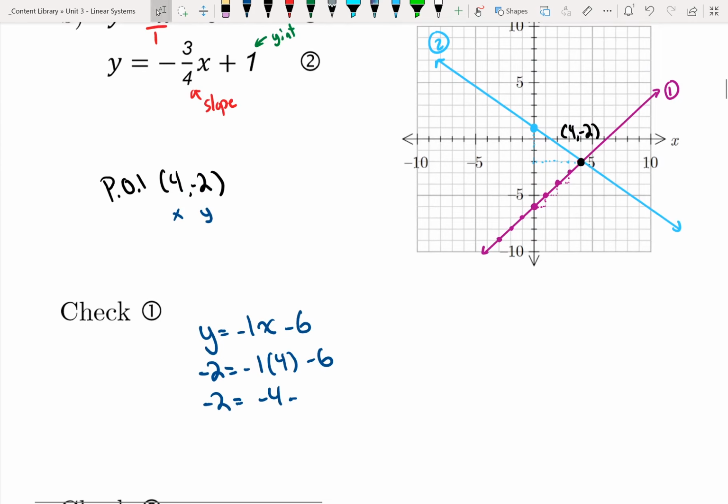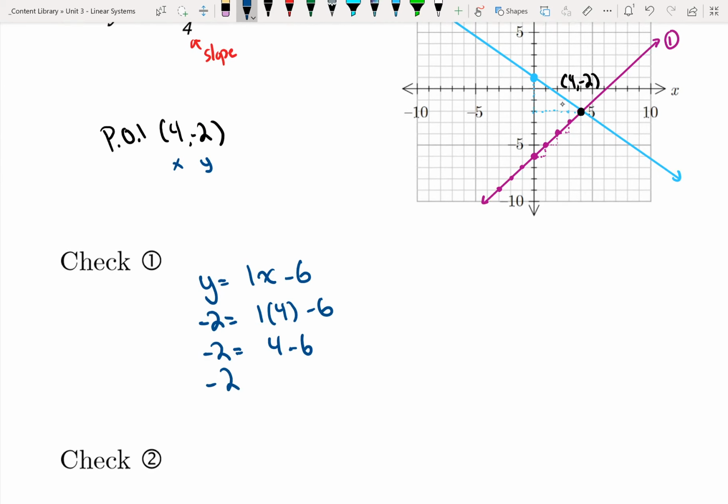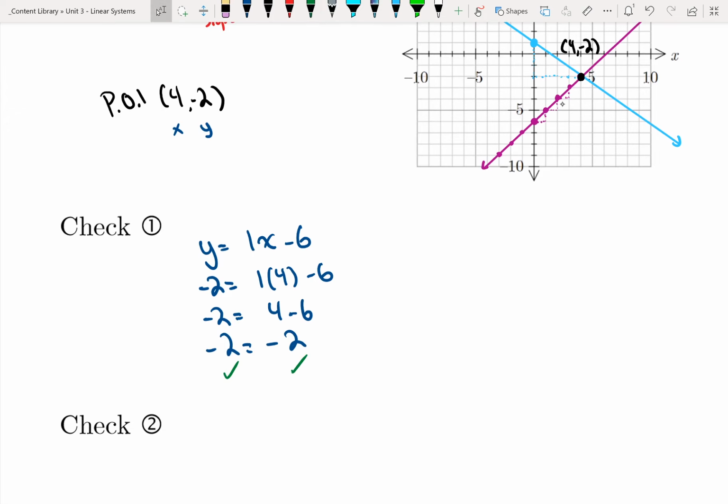Sorry, not -1, +1. So 4 minus 6, -2 equals -2, which is correct. So because the left side equals the right side, that means that it works for equation 1.